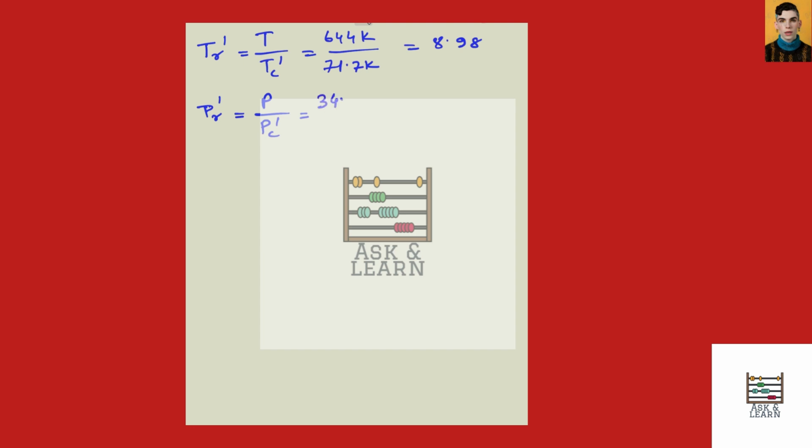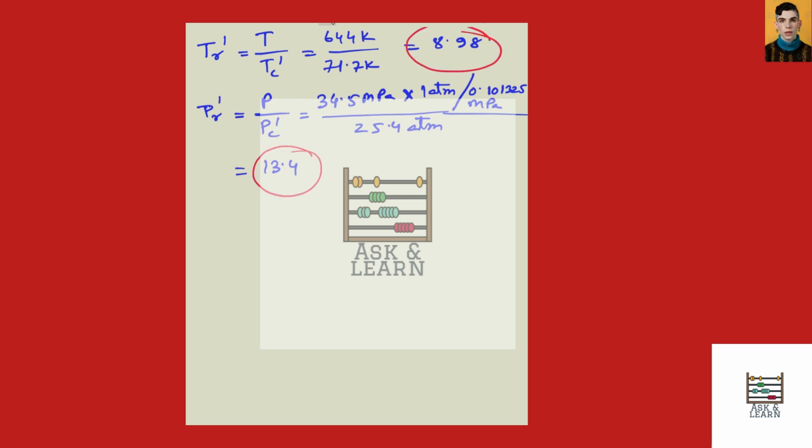Let's convert it to atmospheres: 34.5 megapascal multiplied by 1 atmosphere divided by 0.101325 megapascal, and we divide it by the pseudo-critical pressure, which is 25.4 atmospheres, and we get the pseudo-reduced pressure as 13.4. At this pseudo-reduced temperature and pressure, the Z factor is 1.18.